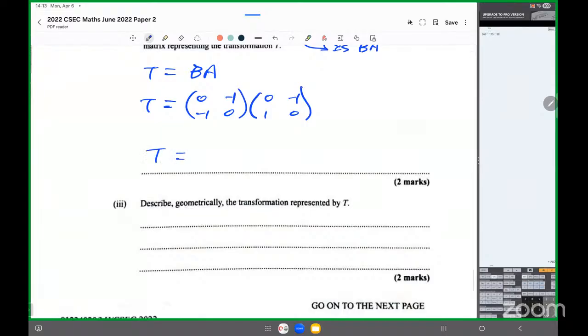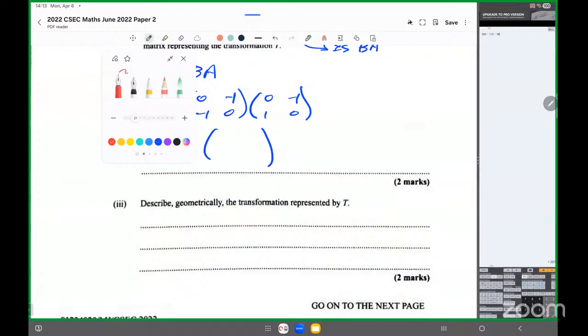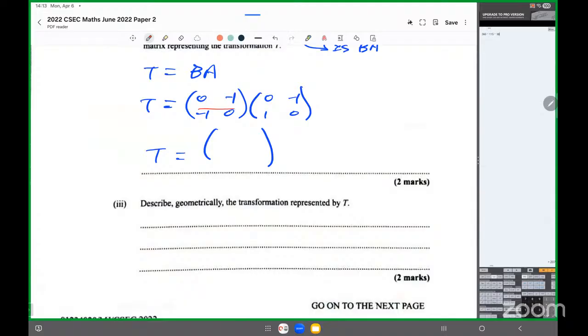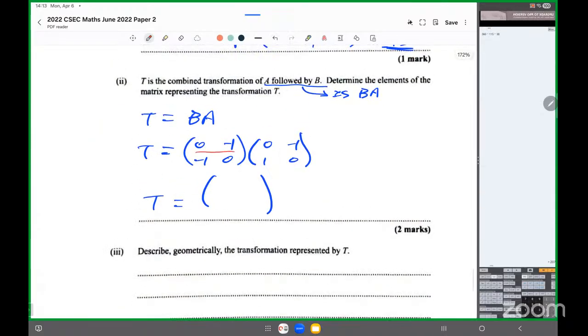So T equals a 2 by 2 matrix. Let's write it out in red. Same way, using the rows of the first matrix with the columns of the second matrix, we get these four values. The first value here is the first row, first column.